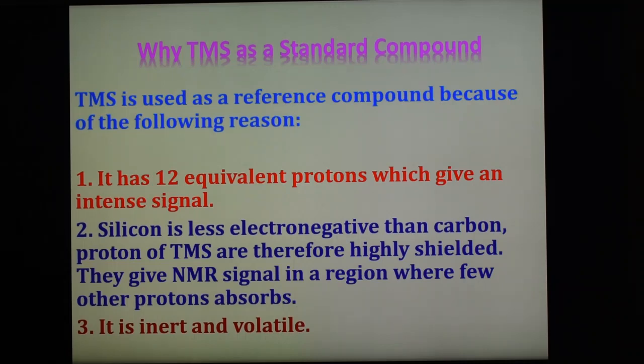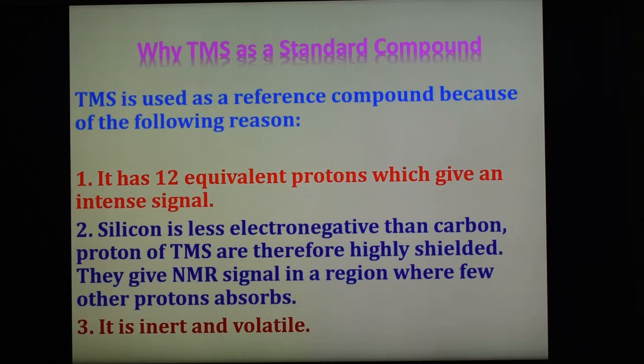The third important reason is that it is inert and volatile. It cannot react with any other organic compound, so it is inert, and it is volatile, so after the measurement it can easily be removed by evaporation. These are the reasons we can use TMS as a standard compound.